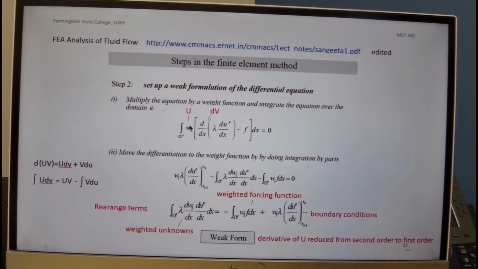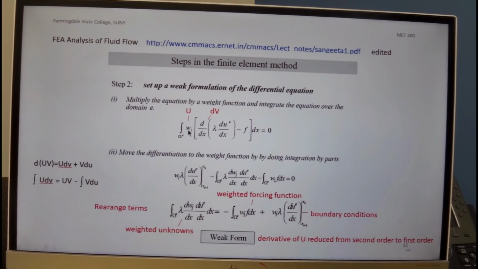So what is uv? uv is W times lambda du/dx. W times lambda du/dx has to be evaluated at the two boundary conditions, minus the integral of v du. So v is lambda du/dx, and dw is dw/dx, and you see it over here.